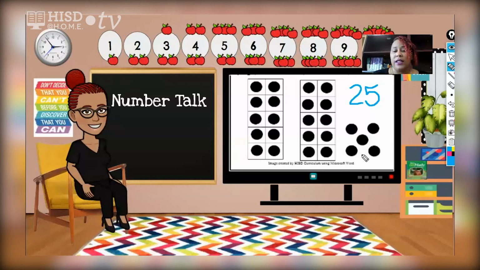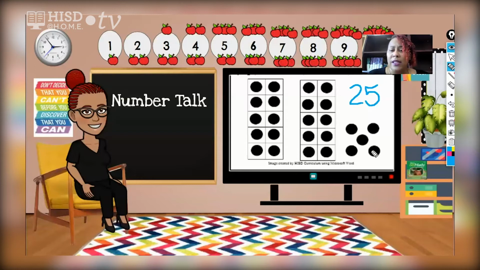You could have counted each dot, and you would have counted 1, 2, 3, 4, 5, 6, 7, 8, 9, 10, 11, 12, 13, 14, 15, 16, 17, 18, 19, 20, 21, 22, 23, 24, 25. If you counted each dot, you would have gotten the number 25.